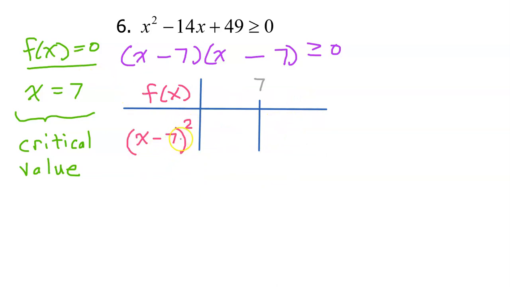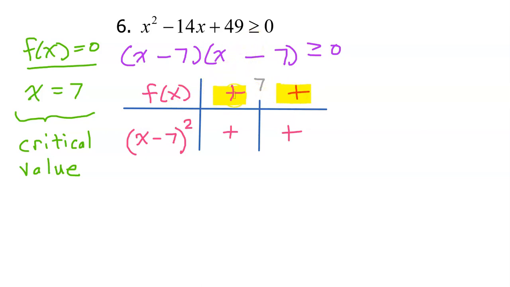The other way is to recognize that x minus 7 times x minus 7 is x minus 7 squared. So in this way, we only need one row. Notice that if you square something, it's going to be positive no matter what. So that means f of x will be positive in both intervals, which is the same thing we got last time. Since we want values of x that will cause this function to be greater than or equal to 0, the solutions will be in both of these intervals where f of x is positive.